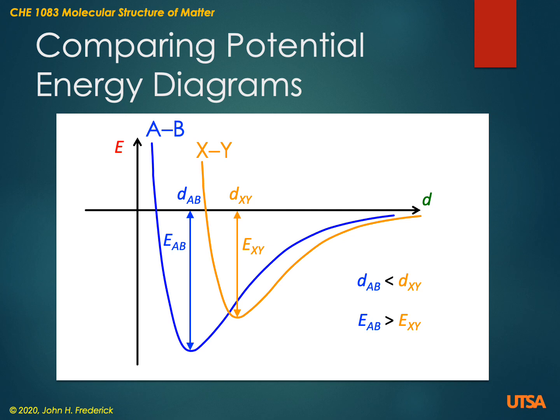We're already beginning to see a correlation between longer bond means weaker bond, or shorter bond means stronger bond. This is a general correlation that we'll see in a number of different cases, but this is a great illustration of how that works. So I hope you can keep these curves in mind when you think about bond formation, because these tell you an awful lot of information about both the length of the bond and the energy of the bond when you can make them.